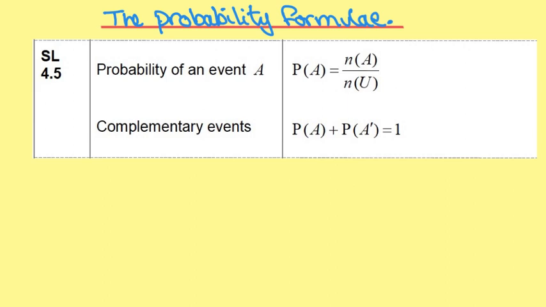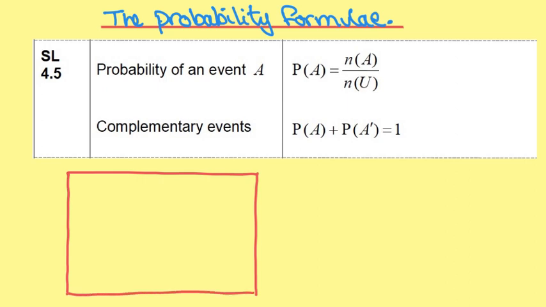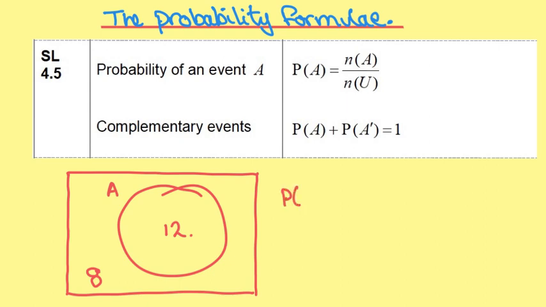Well, if I draw a Venn diagram, and I know there are 12 people in A, and there are another 8 outside, I can work out that the probability of a person being in A is equal to the 12 people in A over the total number of people in the universal set, which is 12 plus 8.